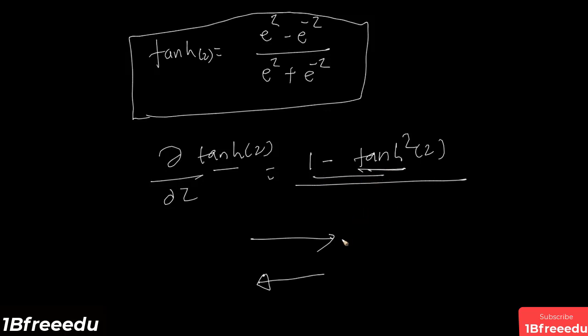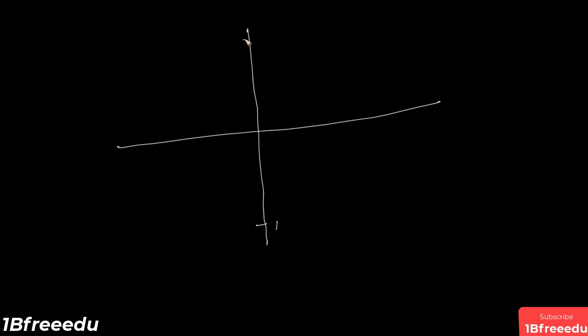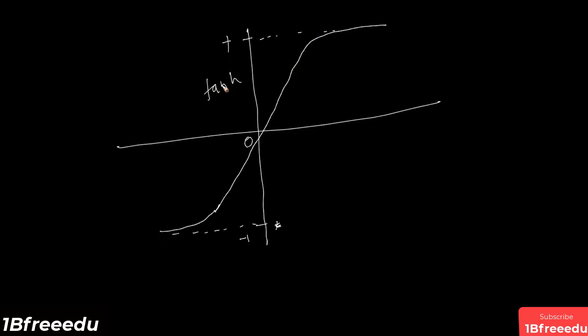Okay, so again, if I plot the graph for tanh, I'll show you quickly. This is minus 1 here and this is plus 1. This is 0, and this curve is the tanh curve.